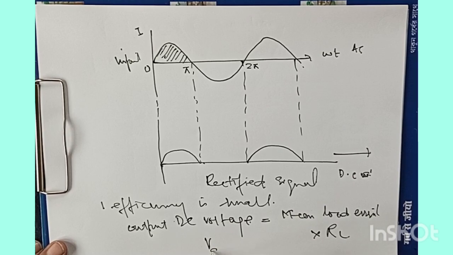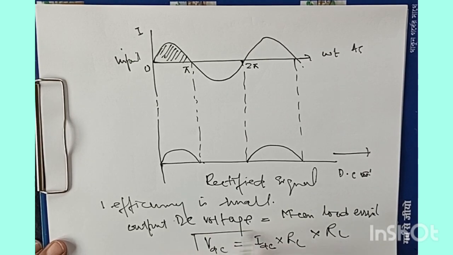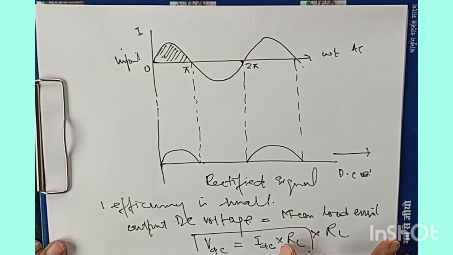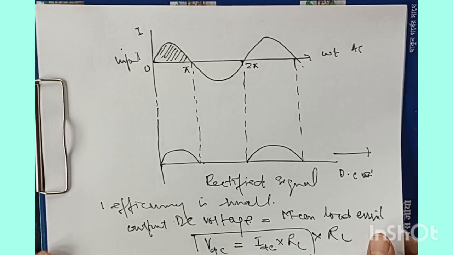So this is VDC is the mean load current, IDC, that we have obtained, times RL. This will be my output voltage.